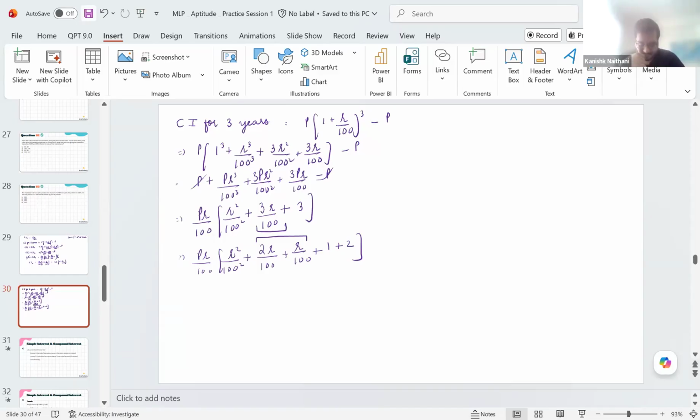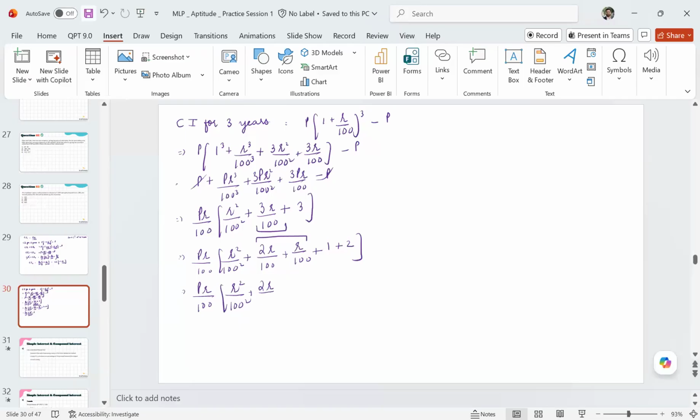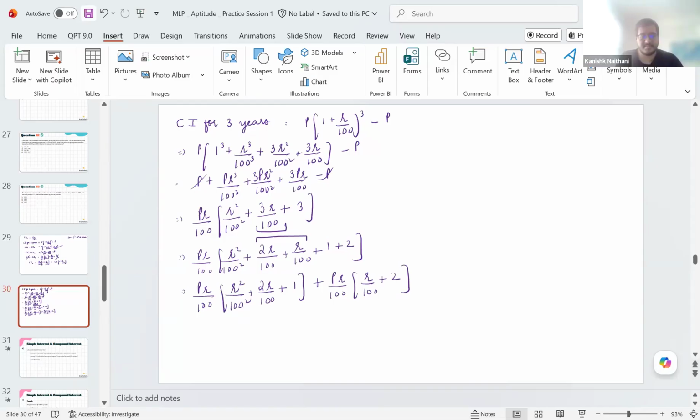Yes. I am now splitting it more. Please carefully see this. PR upon 100, I am keeping R square upon 100 square plus 2R upon 100 plus 1, plus PR upon 100, R upon 100 plus 2. Is that okay? Yes. Everybody clear? यहाँ पे क्या बचा, PR upon 100. ये अंदर क्या है?